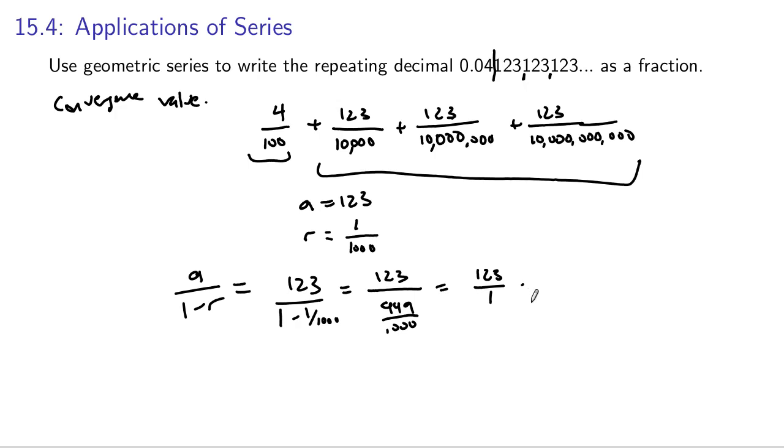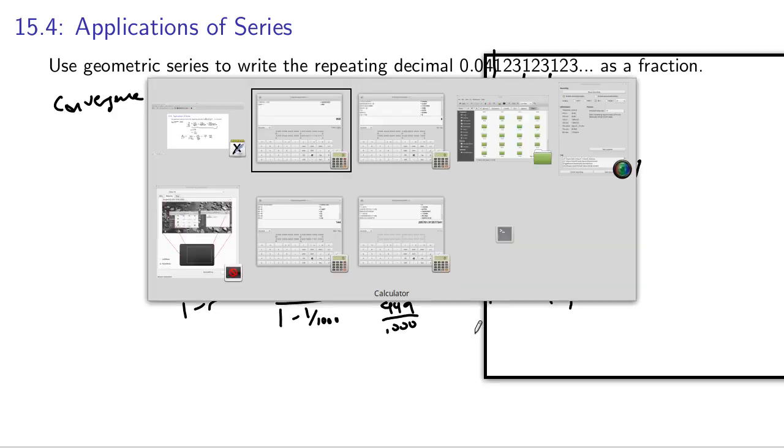So we would have 1,000 over 999. This still isn't right. So what have we done wrong here?